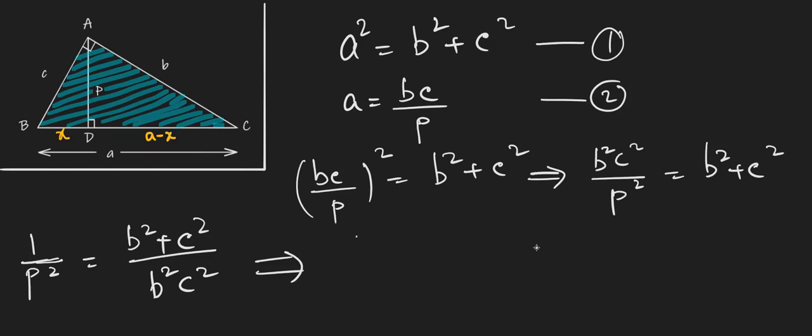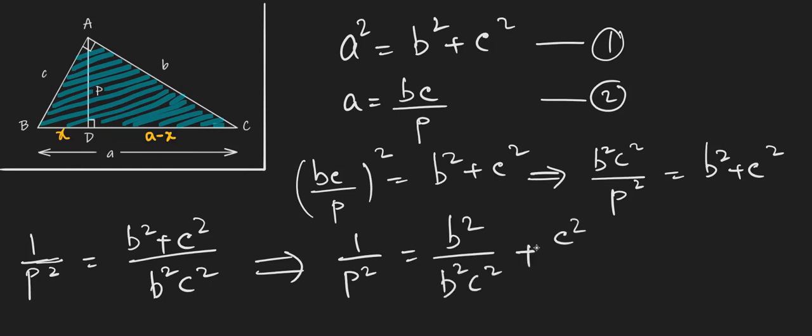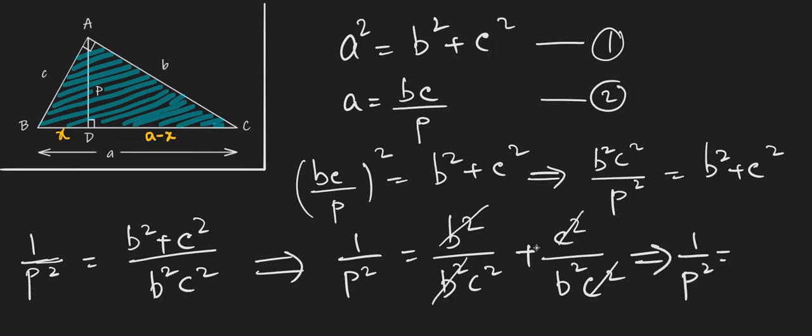That implies 1 over P square is equal to B square divided by B square C square plus C square divided by B square C square. B square cancels, C square cancels. That implies 1 over P square is equal to 1 over C square plus 1 over B square. And that's proved.